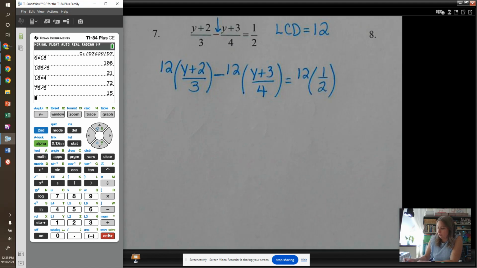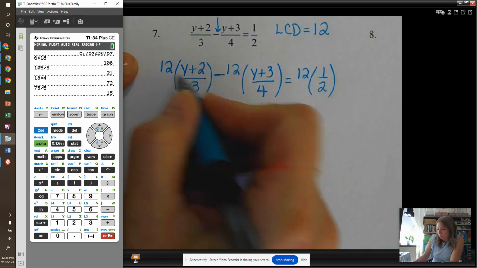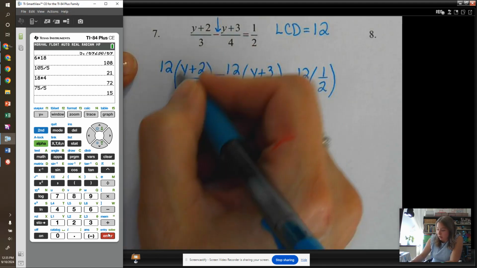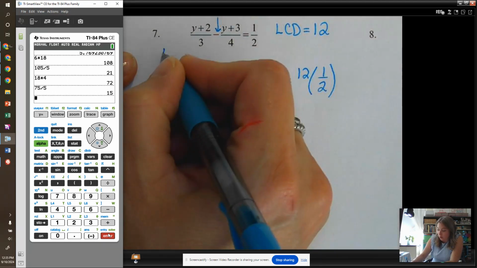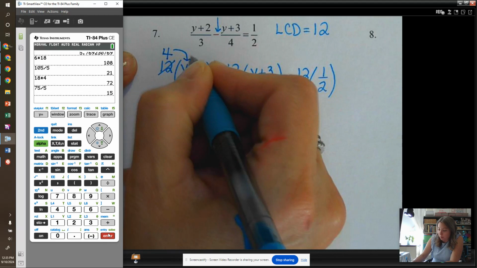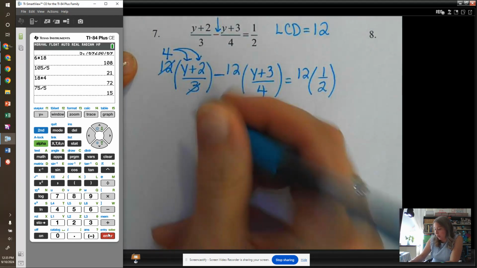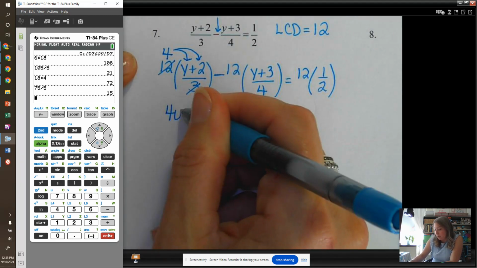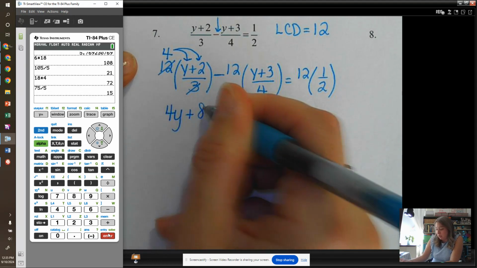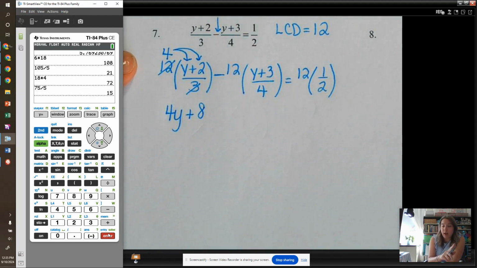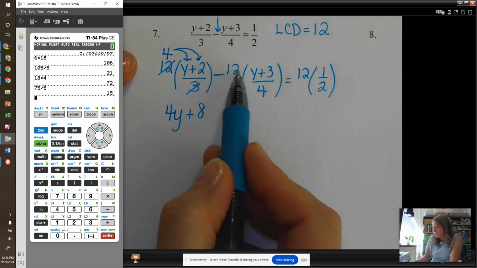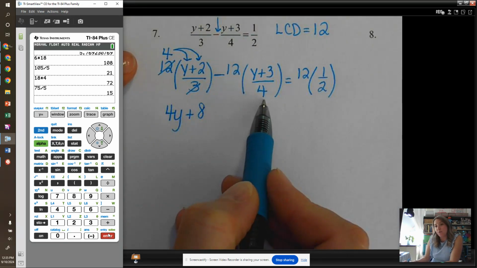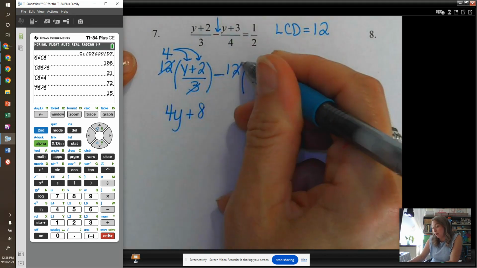So, in the front, 12 divided by 3 is 4 as our leftover. So 4 has to get multiplied by both pieces in the numerator. I bring down a 4y plus 8. Now here's where the trick could happen. Deal with the LCD being divided by the denominator first. What's 12 divided by 4?